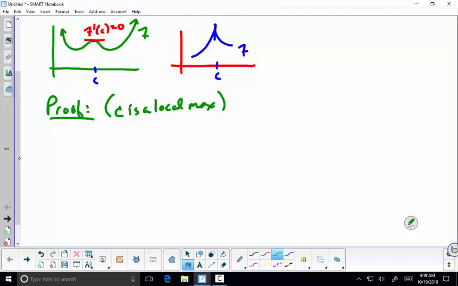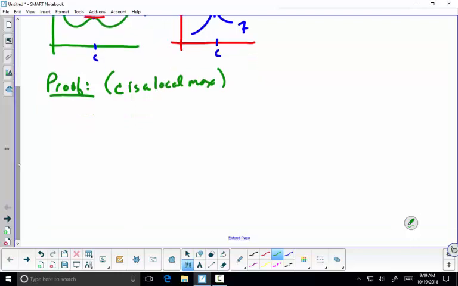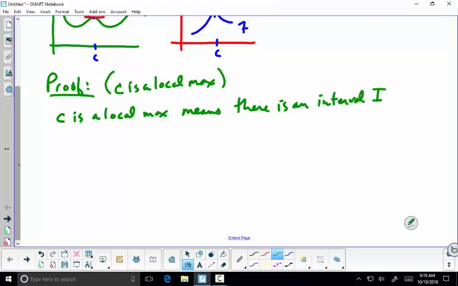So remember that when we say that f of c is a local max, that means there's an interval I, there's a way to draw a neighborhood around c so that f of c is greater than or equal to f of x for all x coming from that interval.